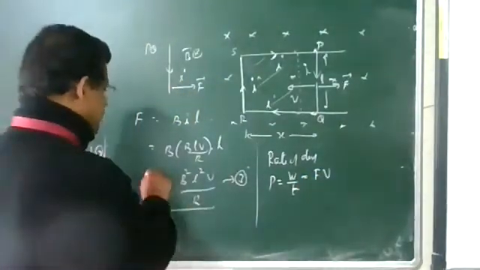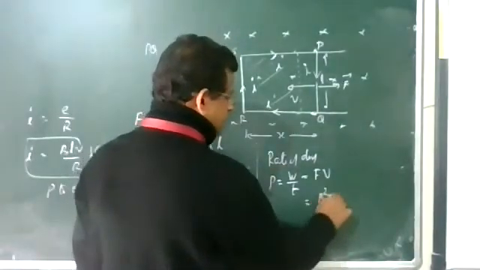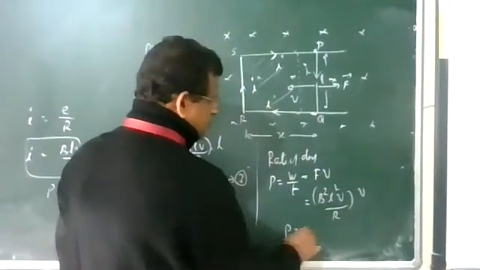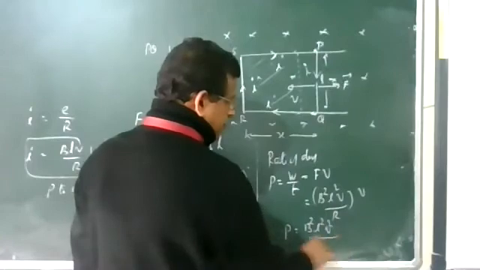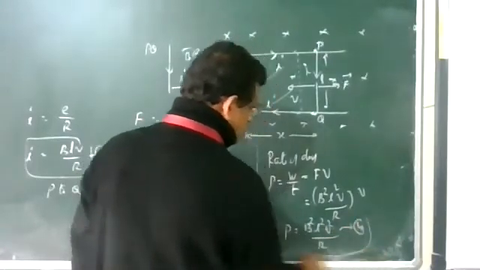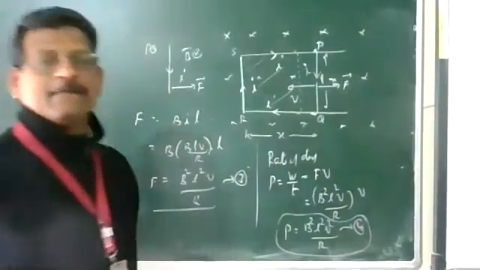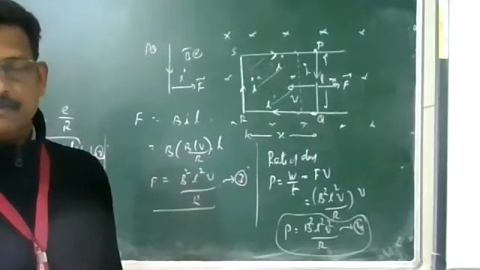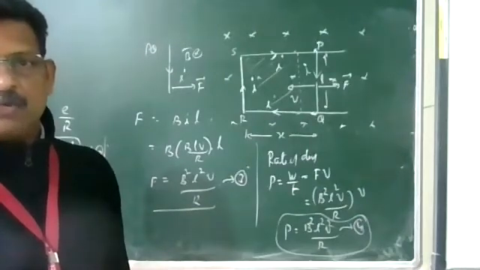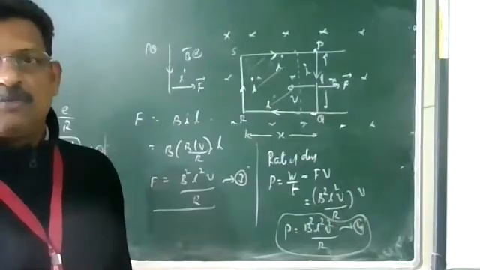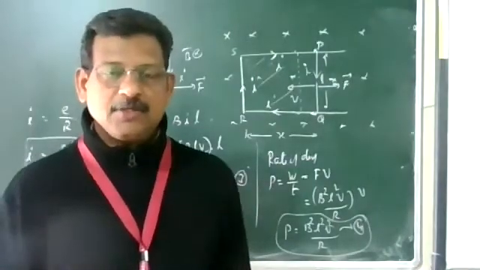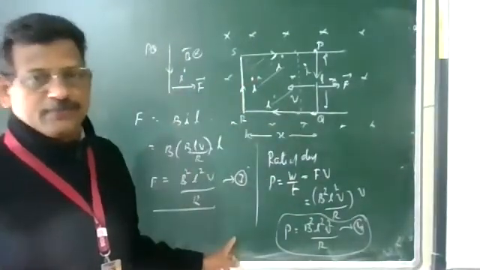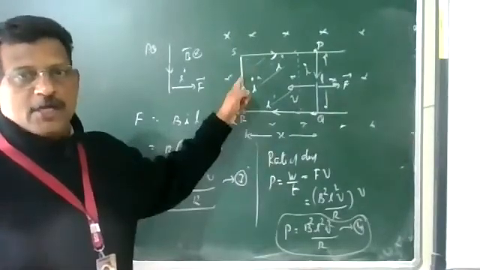Substituting the value of F, P is equal to B square L square v square divided by R. So this is the work done in unit time in pushing the conductor toward the left side against the induced current which opposes the cause. This mechanical work done is converted into electrical energy in the form of induced current. We have seen this in Lenz's law as a consequence of conservation of energy.